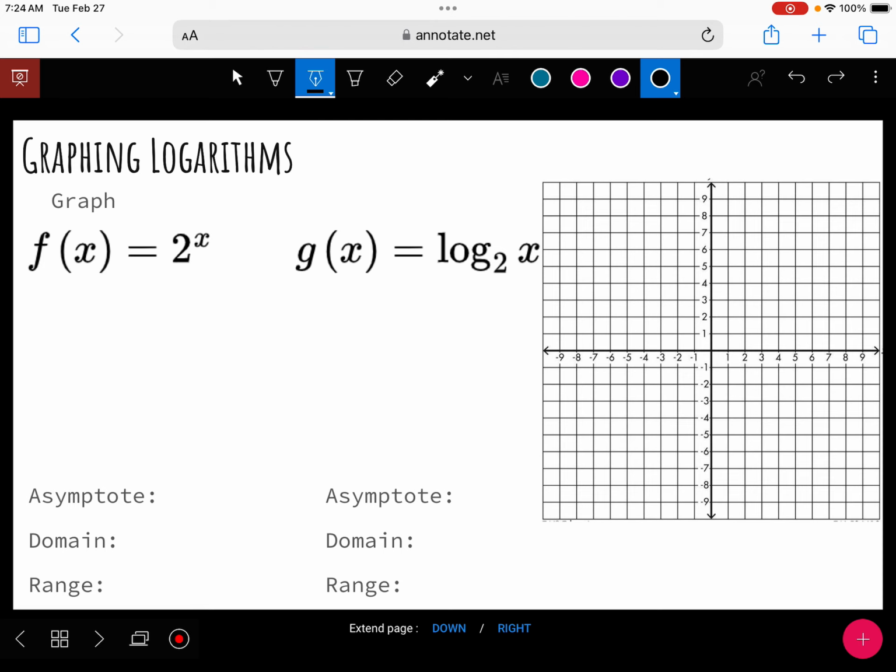So this left-hand one, you guys can get started on. We can do this, 2 to the x. That was last chapter.